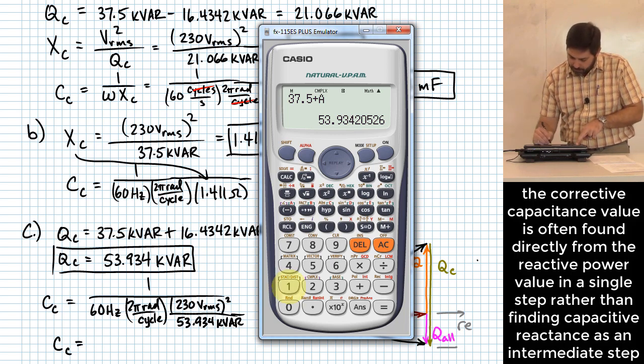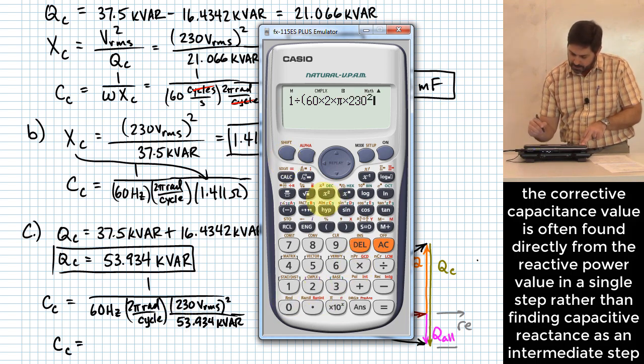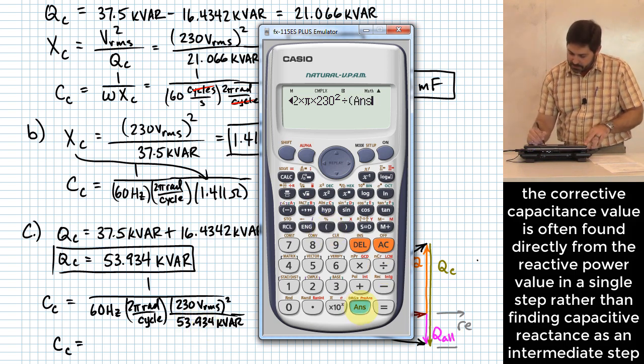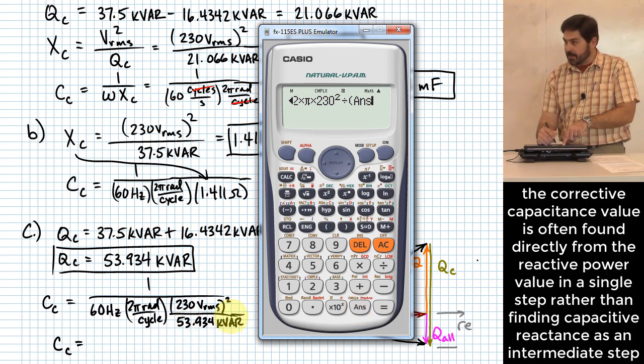So 1 over 60 times 2 times pi times 230 squared divided by 53.934, which I believe was already stored as my last answer, but I need to turn it into just VAR, not kVAR, so I'm going to multiply it by 1,000.